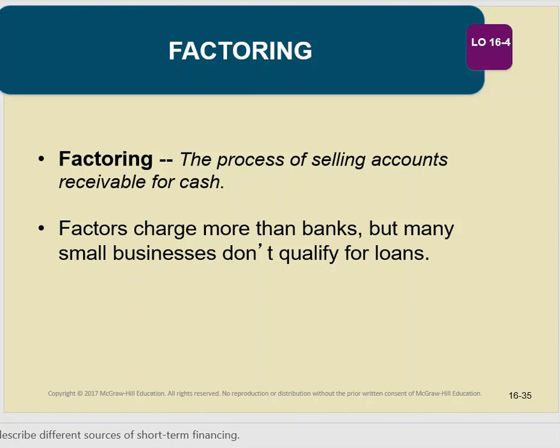Factoring is another type of short-term financing. Factoring is the process of selling your accounts receivable, or what's owed to you, for cash. So for instance, if you're having a hard time collecting from a vendor that owes you $100, you may factor that off to someone for $20, and now you at least got $20, and the other person will try to collect the $100 from the one who owes it.